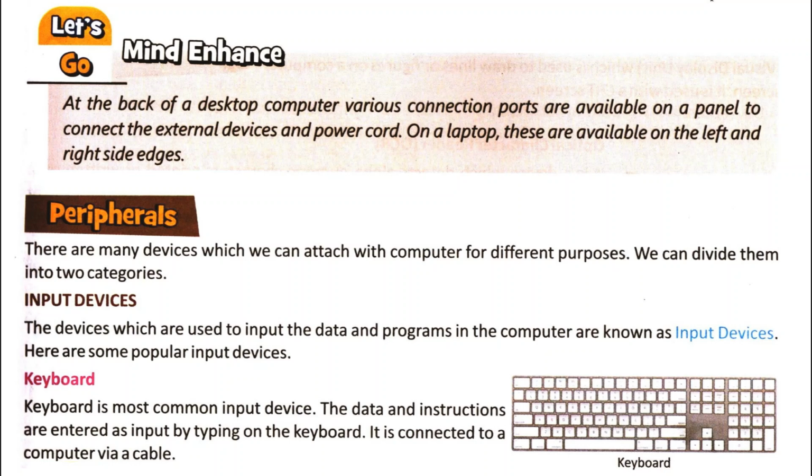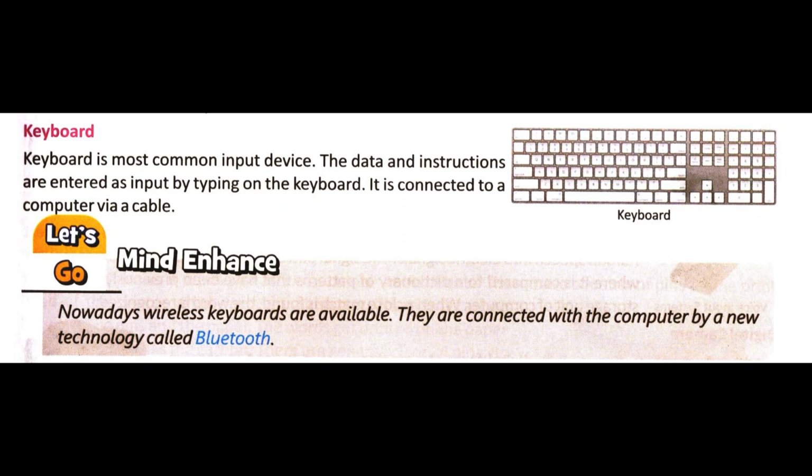Input devices are used to input the data and programs in the computers. Some commonly used input devices are keyboard, mouse, scanner, trackball, light pen, barcode reader. Keyboard is the most common input device. Keyboard is used to insert data and instruction by typing on the keyboard.